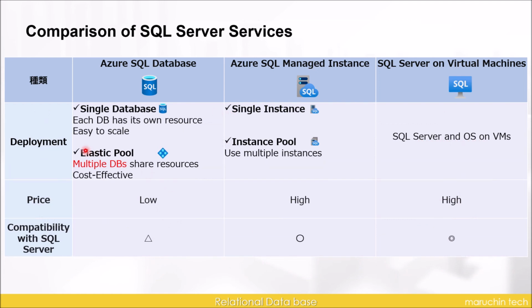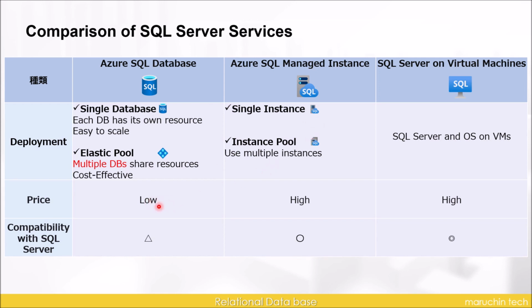And for deployment, Azure SQL Database offers single database and Elastic Pool options. In Elastic Pool, multiple databases share resources, making it more cost-effective. And SQL Managed Instance allows for single or multiple instances.